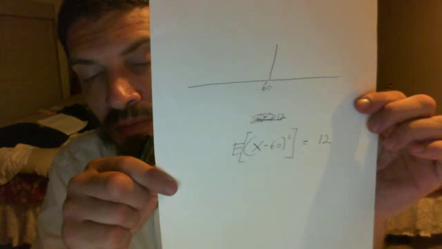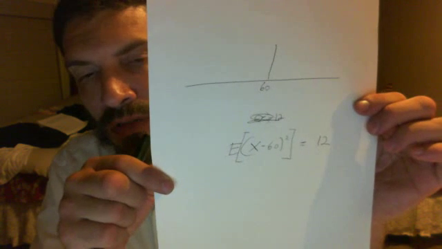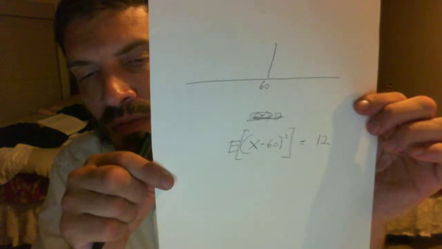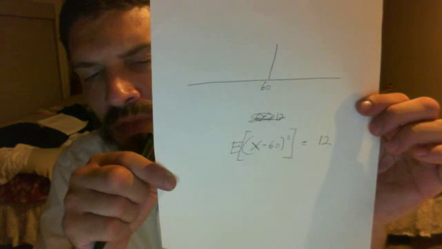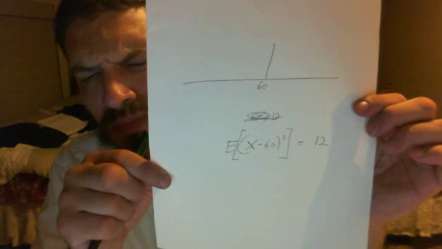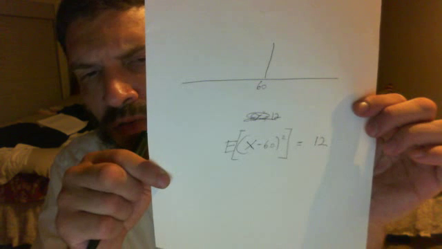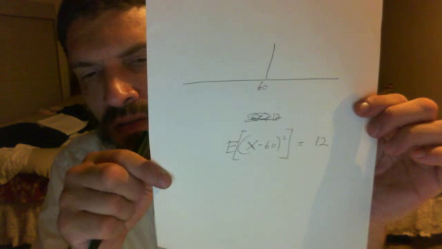Obviously they must add up to 100%. You take all these points, you subtract 60, you take the result, you square it, and then you multiply it by the probability of that point of x. You would get 12.